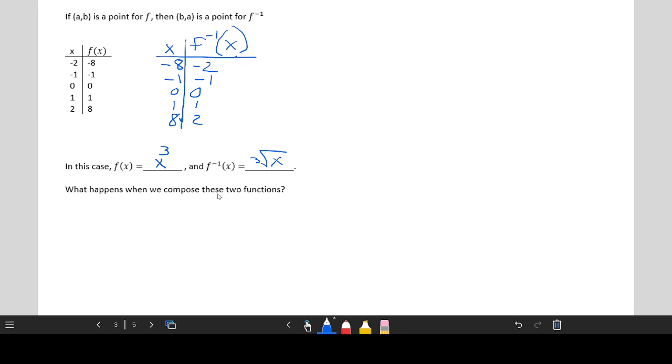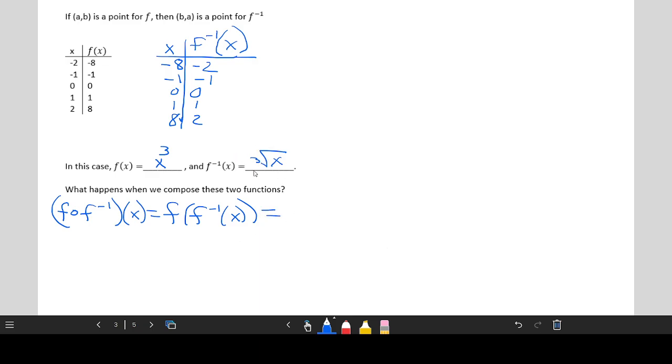Now let's see what happens when we compose the two functions. We've talked about function composition in a previous video. That's where we're just substituting one of the functions inside of the other. There's two different notations we can use for that. They both mean the same thing. Both of these mean we're taking f inverse and substituting it into the function f.